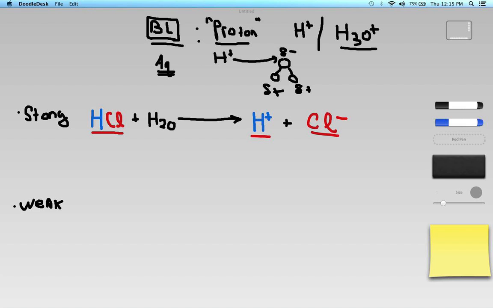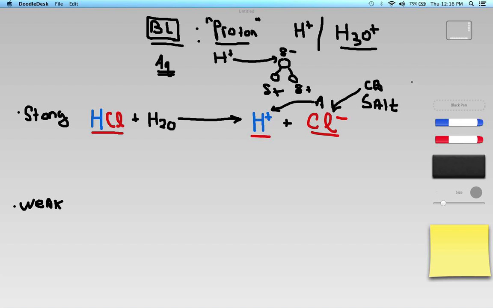And in the Bronsted-Lowry model, we often will say that this is the acid part. And then this chloride over here is what's known as the conjugate base, or you may even hear the term the salt of the acid.